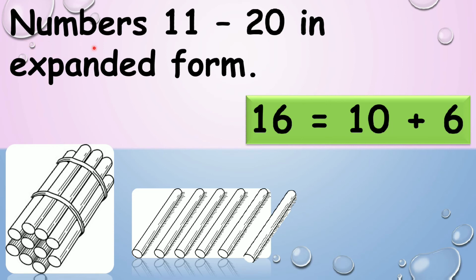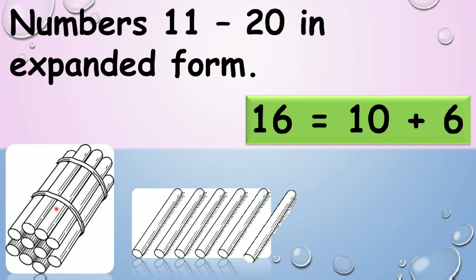And now numbers 11 to 20 in expanded form. What does that mean? That simply means in addition form. If you want to write double-digit numbers in expanded form, it's more like carrying out addition on that number.